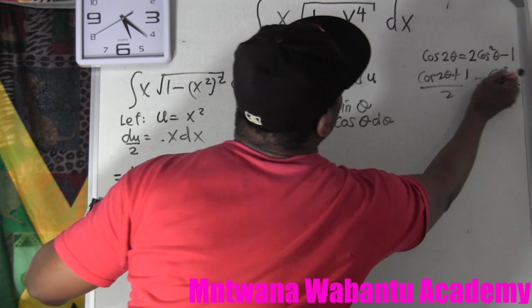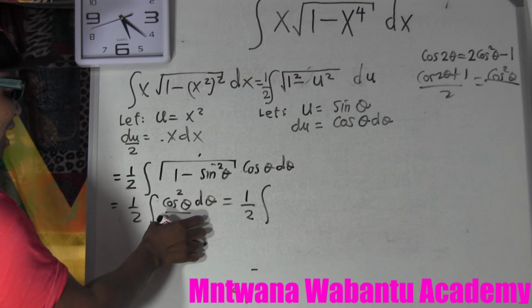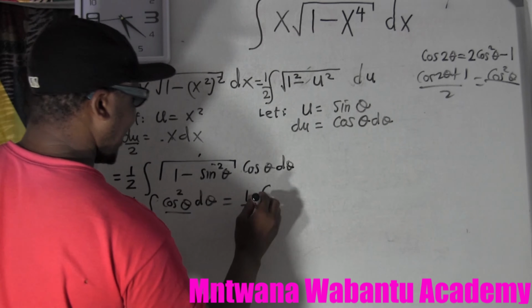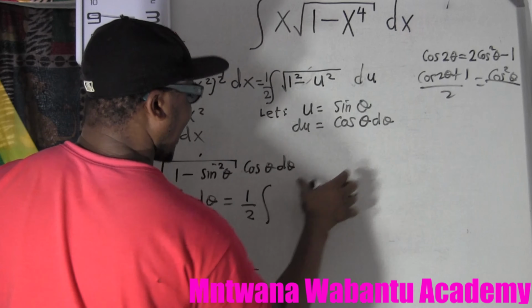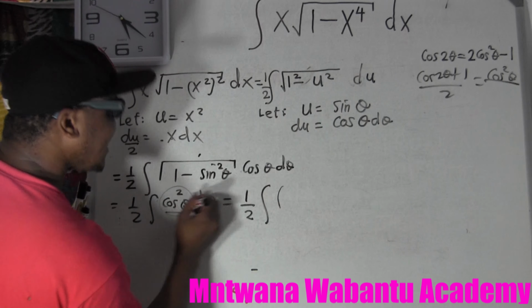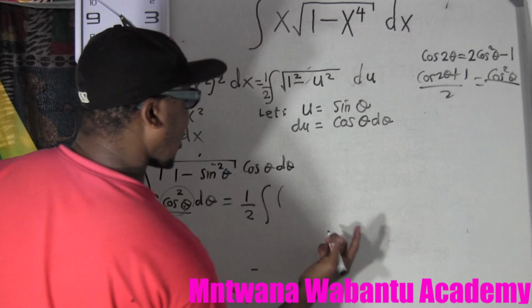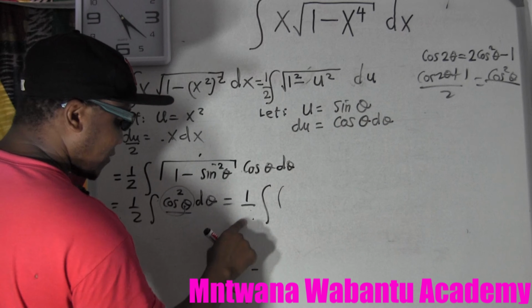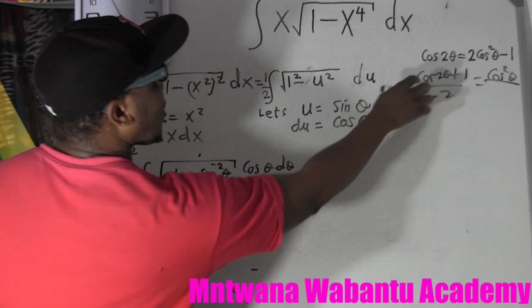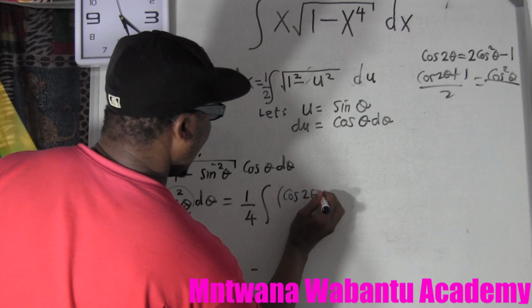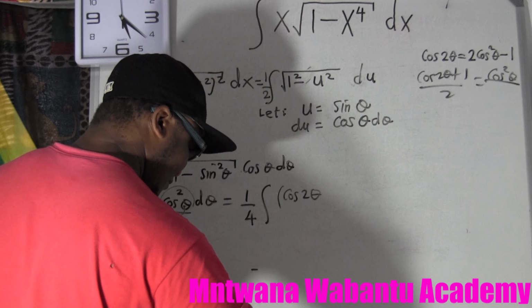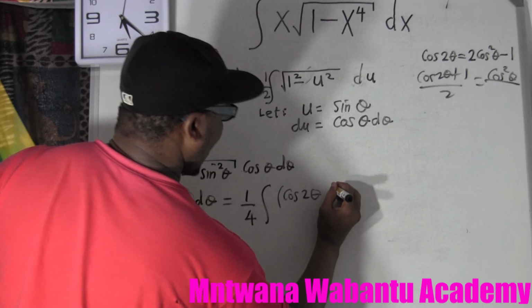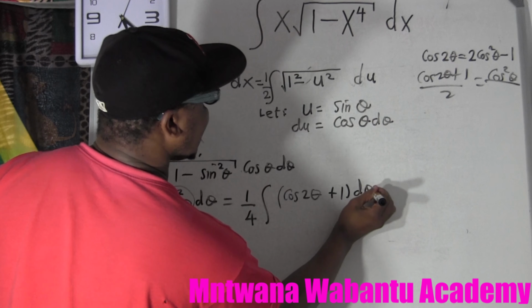So I can replace this cos squared theta with that. I still have my half, and this half comes here. So I replace this with this, and I'm left with cos double angle plus 1 in brackets, d theta.